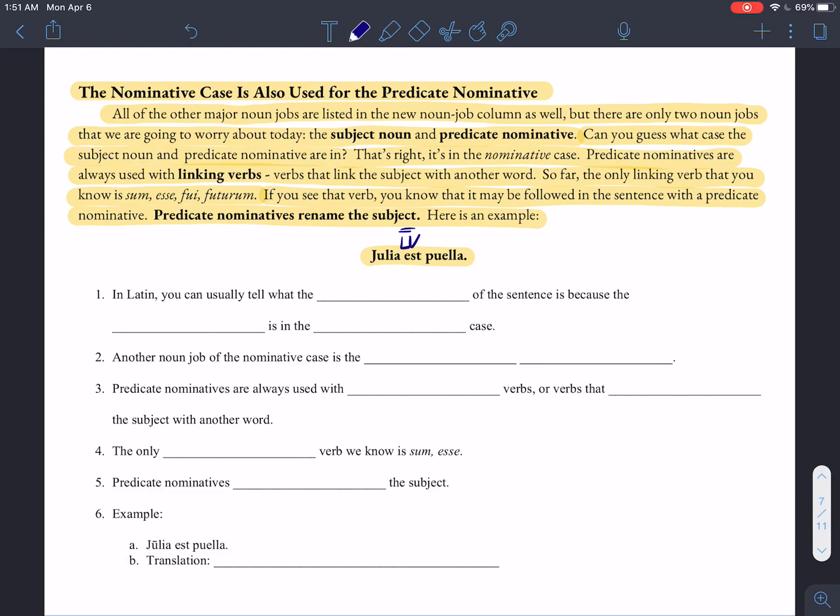Let's say we have the equation 2 plus 2. 2 plus 2 does not equal 7. That's just not right. 2 plus 2 equals 4. So what you have on one side of the equal sign, you've got to have on the other. So if you've got a nominative over here, you have to have a nominative over here.